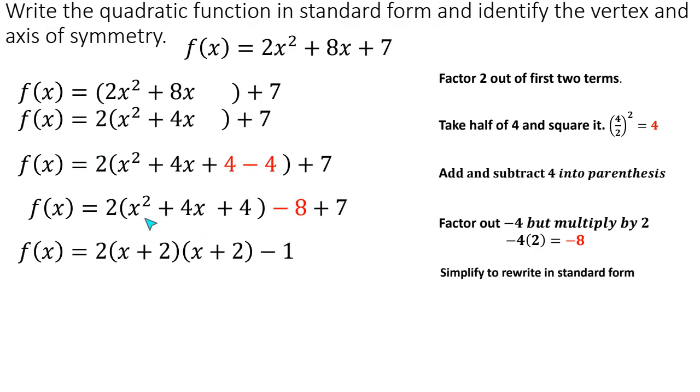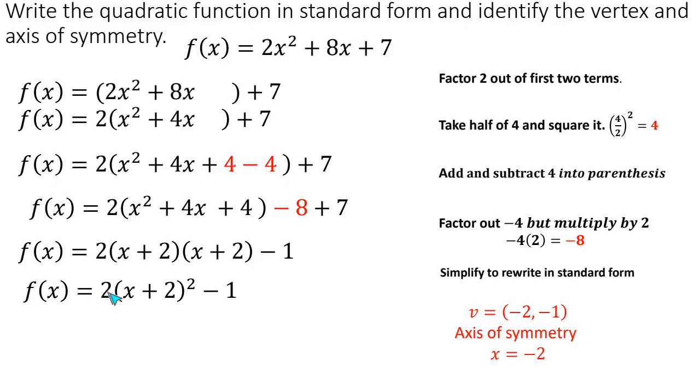And the x squared plus 4x plus 4 is going to factor as x plus 2 and x plus 2. So again, notice that when you took half of b, half of 4 was 2, and that's the number that we used here. So I can rewrite this as 2 times x plus 2 squared minus 1. My vertex is going to be -2 and -1. And our axis of symmetry is that first coordinate here, so that's going to be x equals -2.